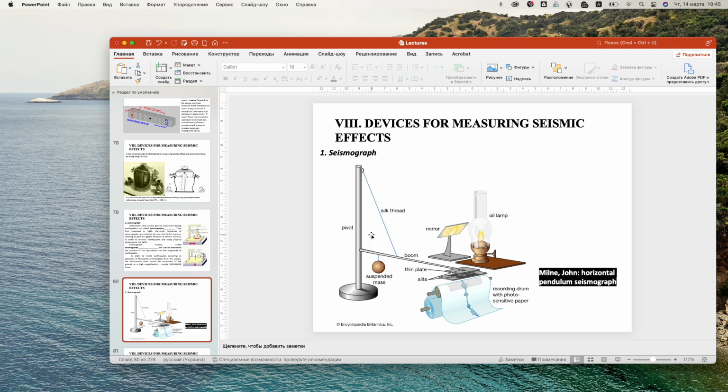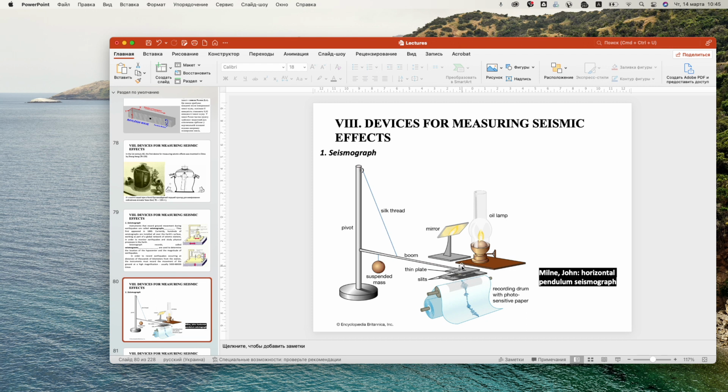It can move in this direction. The suspended mass, which, as I told you previously, is connected only with the impact of gravity, stays stable during the earthquake when the rest of this element moves horizontally.